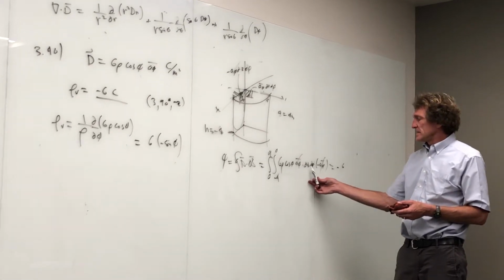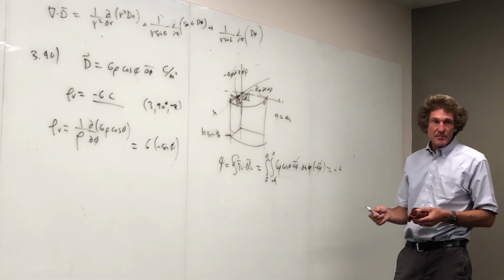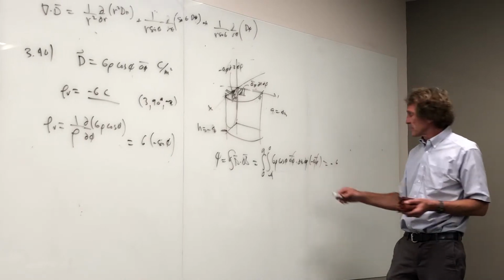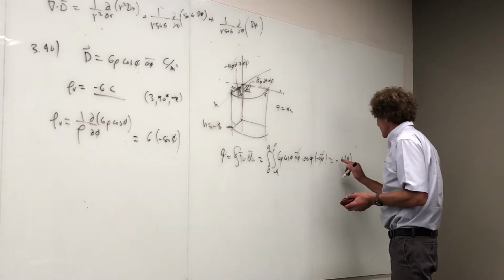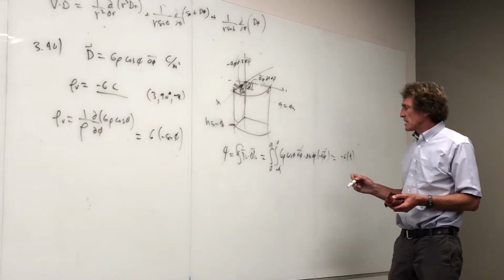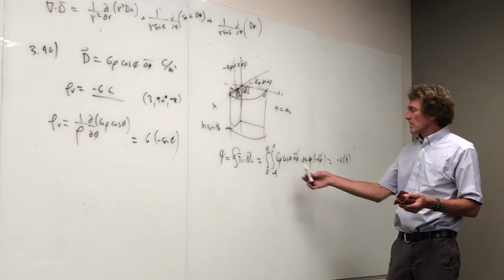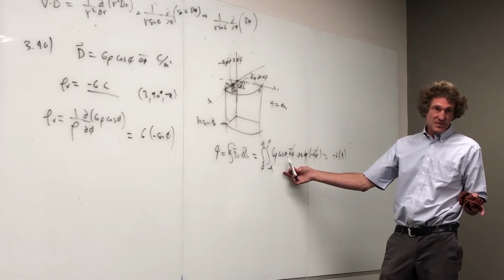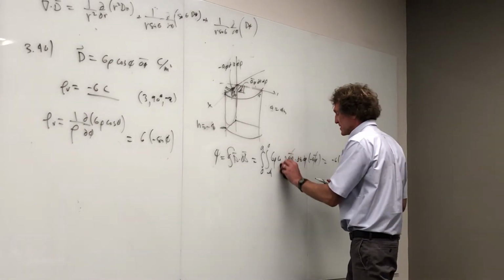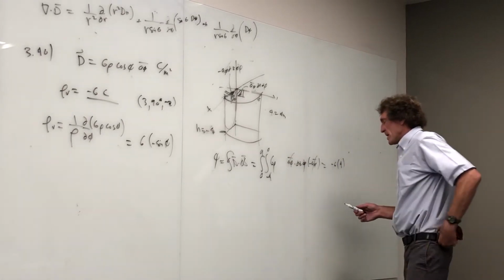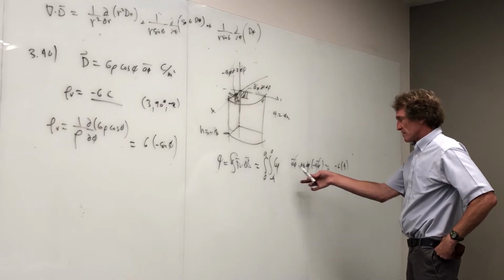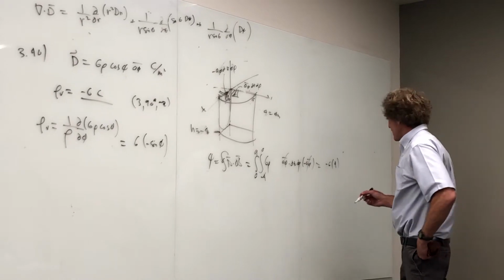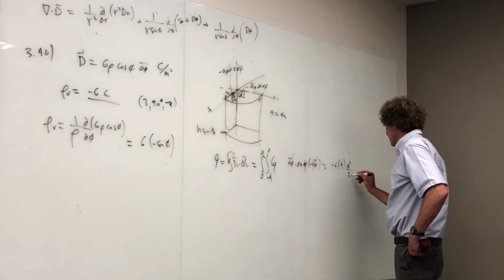Now, when I integrate dz from minus 4 to 0, what do I get? Well, I get z evaluated from minus 4 to 0, or 4, don't I, class? So it's minus 6 times 4. By the way, what's the cosine of phi's value here? 1, right? Because we're at phi equals 0, correct, class? So I can just get rid of that. Now, when I integrate rho d rho, I get rho squared over 2 from 0 to a, or a squared over 2.